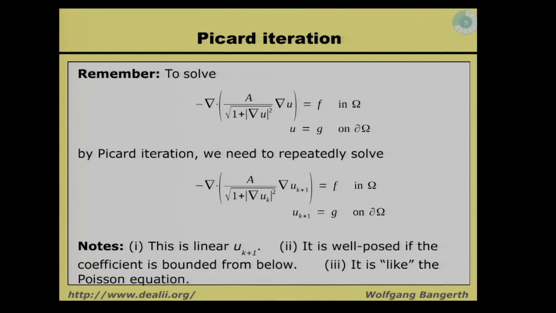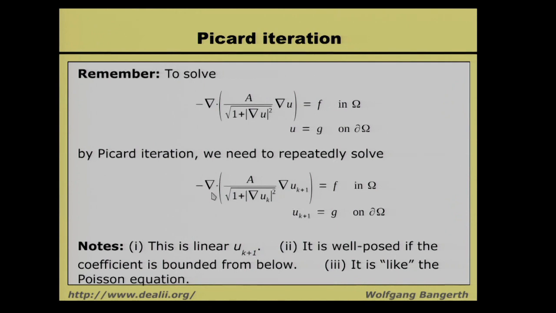Now, if you look at this again, this is the form that I choose. In terms of u_{k+1}, it is a linear operation. It is well posed if this coefficient stays bounded from below. So if the gradient of u_k does not blow up, then this whole thing is a well-posed PDE. And this is a known function, because I know u_k. So this is just a coefficient times the gradient and the divergence of this.